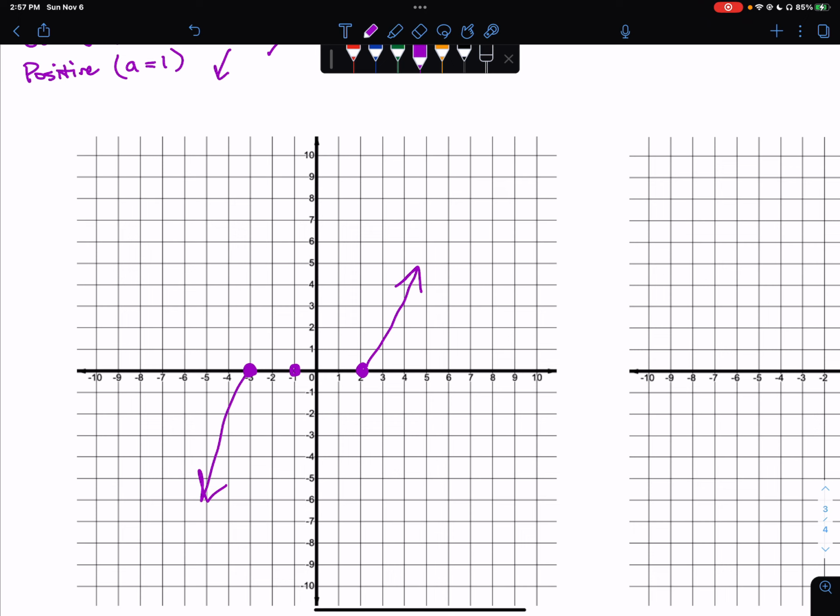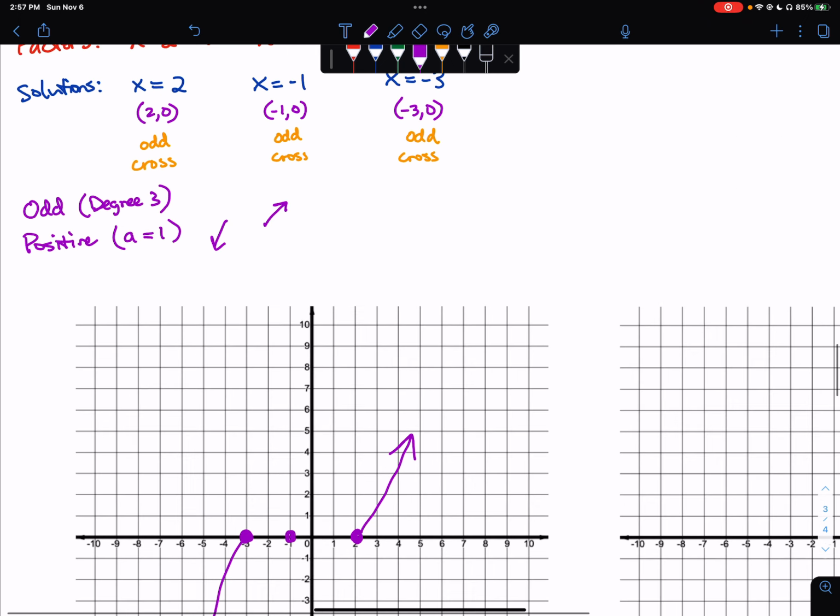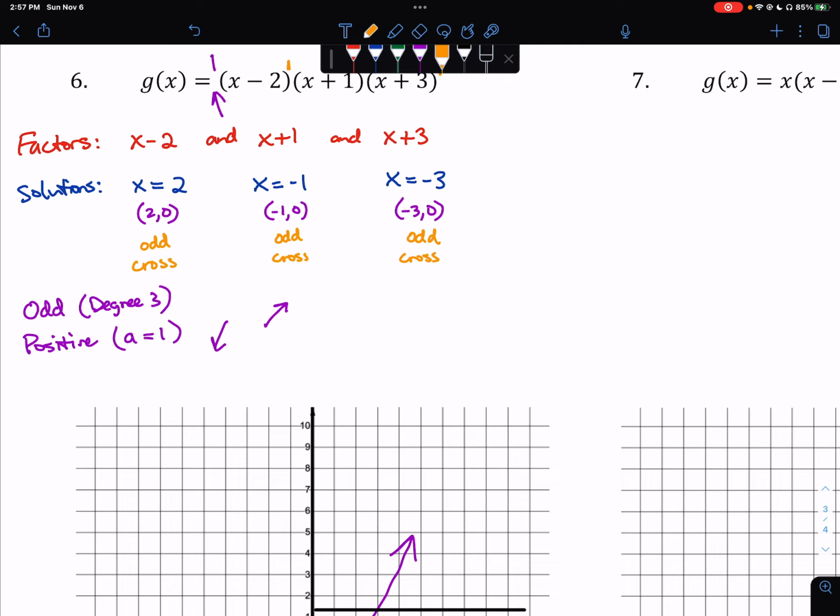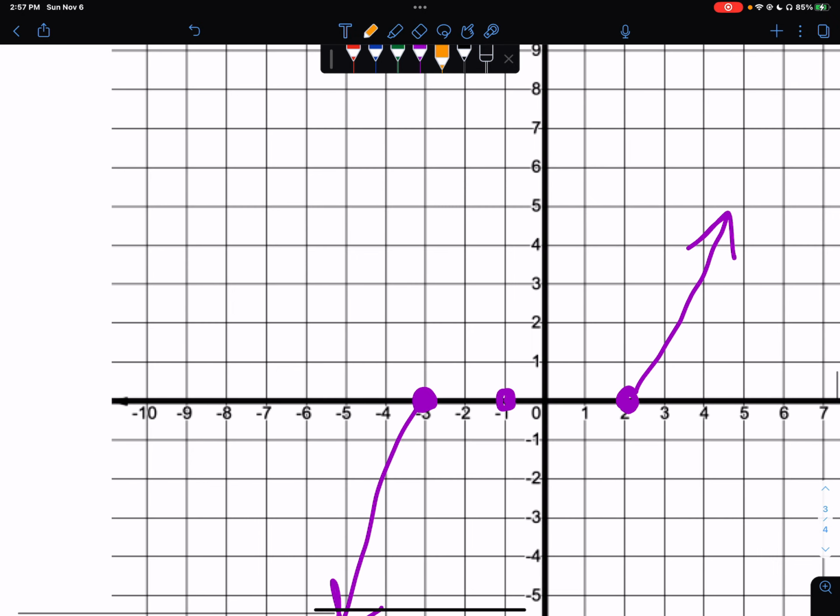In this case, if we start with our left one, negative 3, it's odd and crossing, so it needs to go from one side to the other side, so it does need to cross through. So I'm just going to cross. But I do see it's got to come back down to this one. So we're going to cross, come back up, and come down.